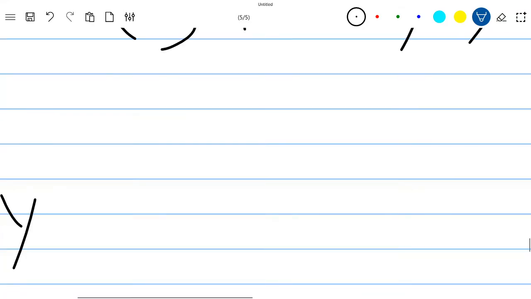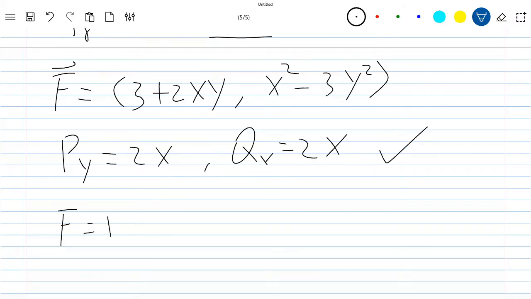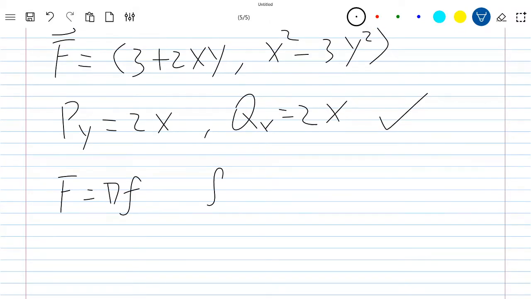P_y, taking the y derivative, is 2x, and Q_x, the x derivative, is 2x. They're the same, so F is conservative. Alright, let's find f. According to the definition, f_x must be P, and f_y must be Q.